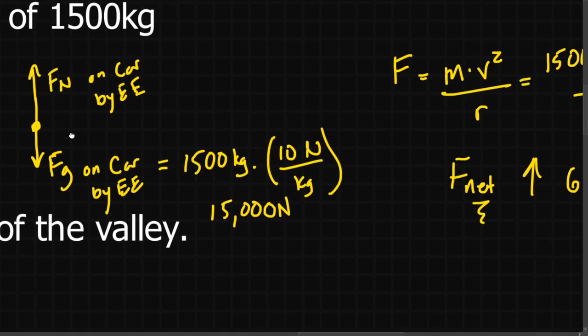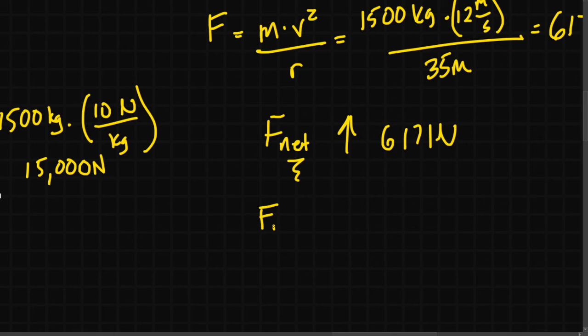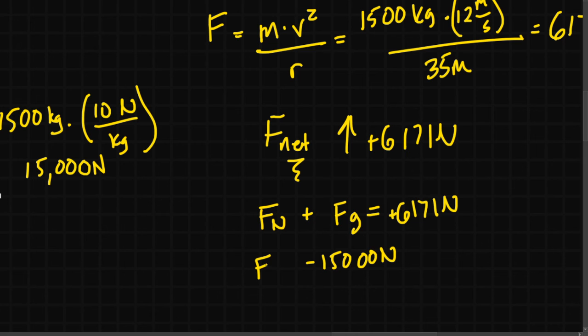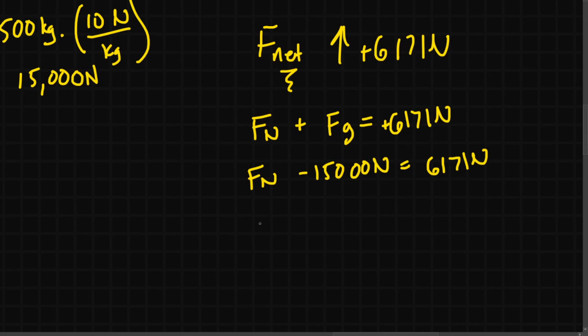I know that when I put together my normal force and my gravitational force, they have to add together to this 6,171 newtons. This is upward, so I'm going to make this one positive. So if the force of gravity we know is 15,000 newtons, what does the normal force have to be to make that add up? Well, it's going to have to be 21,171.